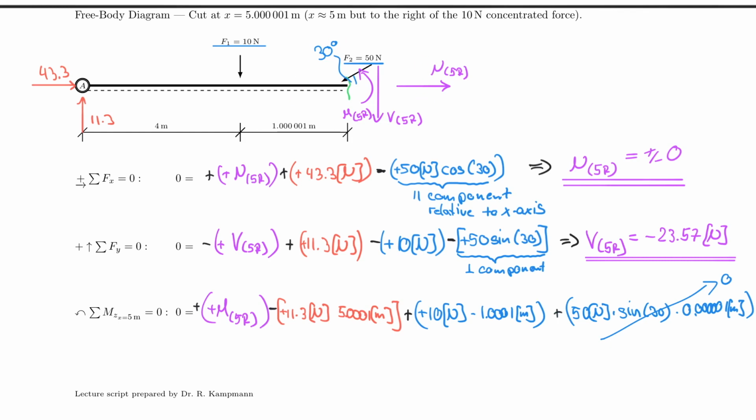So plus 0, right? That makes no difference here for us, but we know now that we can calculate the moment M at 5 to the right would be equal to positive 47.15 Newton meter. And that once again means positive tension on the bottom, compression on the top, or tension in the reference fiber, or smiling happy guy, right? So these are our results.